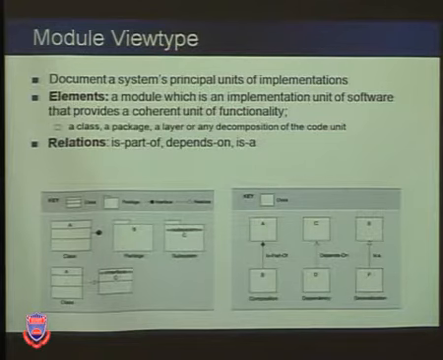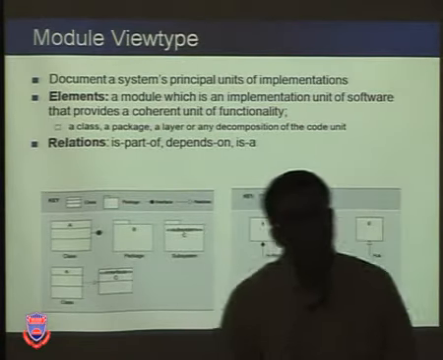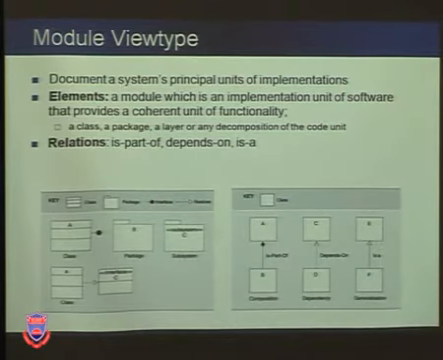In the module view type, the elements represent modules. A module is an implementation unit of software that provides some coherent unit of functionality. It could be a subroutine, a class, a layer, etc. Some unit of implementation.